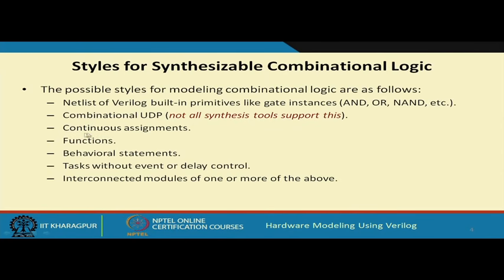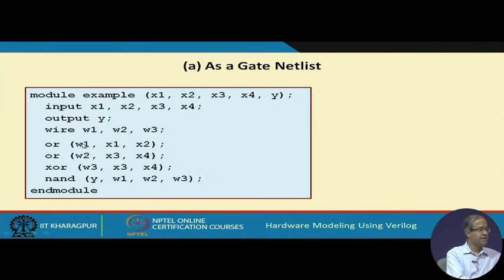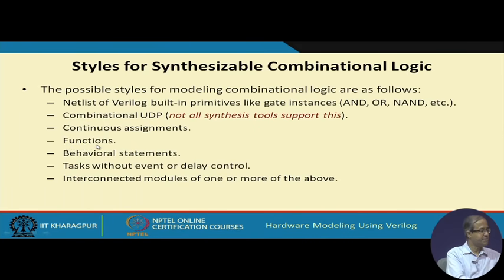Then continuous assignment using assign statements. This of course you can use for modeling combinational logic. Functions are something I have not talked about earlier. You can use continuous assignment statements in conjunction with functions. We will see that there are some advantages, and the code becomes much easier and more structured. Then of course, we can use the always block for modeling combinational circuits, with behavioral statements.